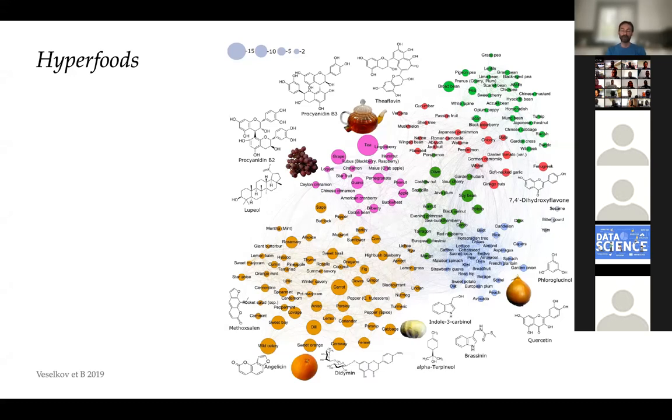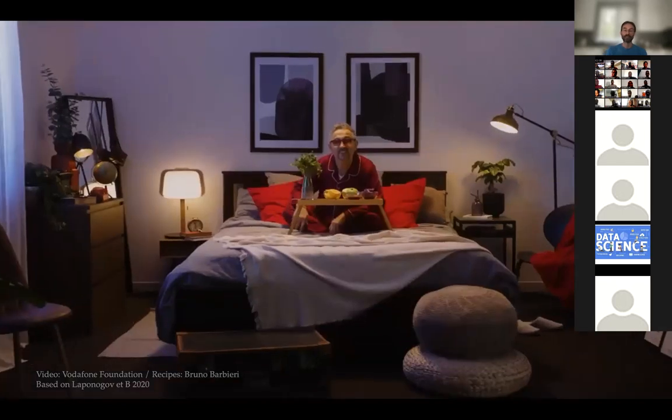So in our paper, we used GraphML methods to discover these compounds, and of course, in order to publish it in anything that would be taken seriously by biologists and medical experts, you also need to explain your predictions. So that was the bigger part of the work. But probably the coolest part of it is that we collaborated with some famous chefs that took the compounds that we identified and turned them into tasty dishes.